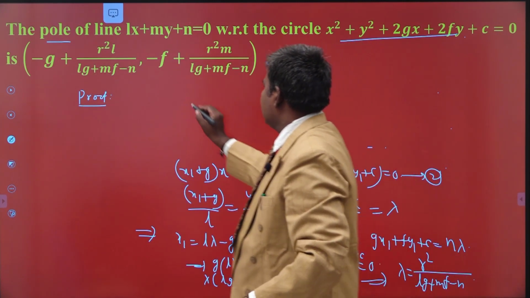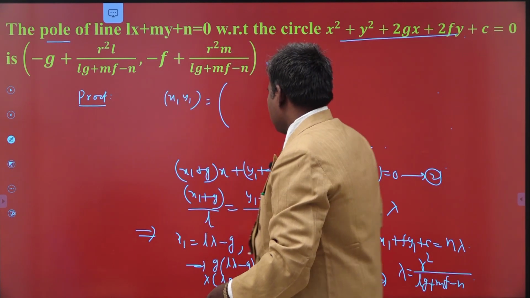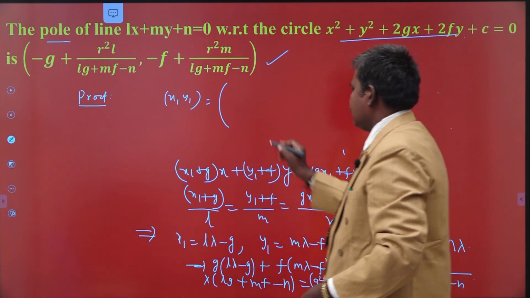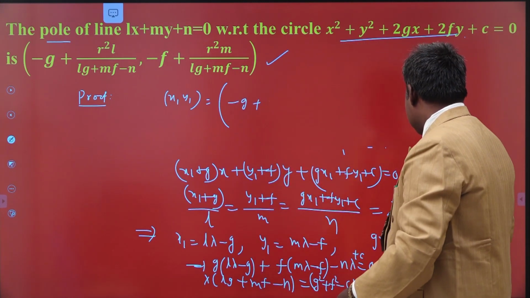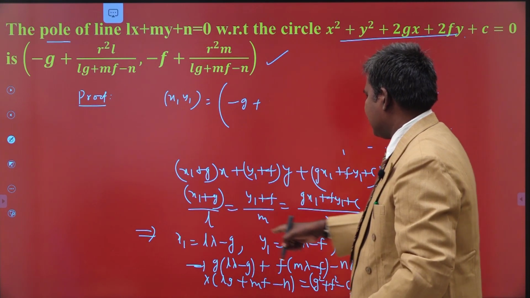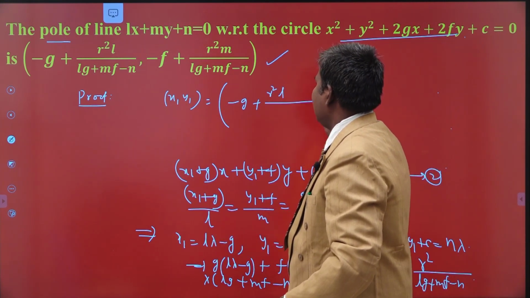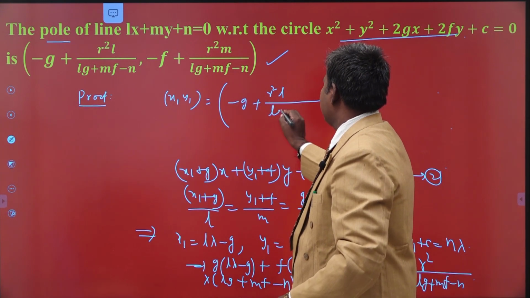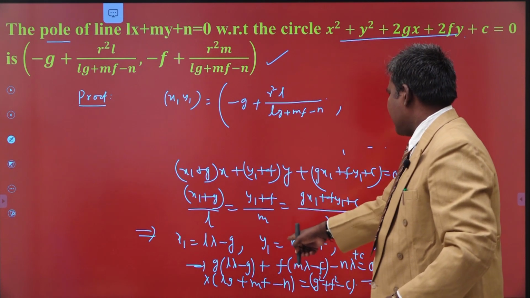Substitute lambda here. Your (x1, y1) becomes, x1 is what? Minus g plus lambda, which is r square L by (Lg plus mf minus n), comma y1 is what?